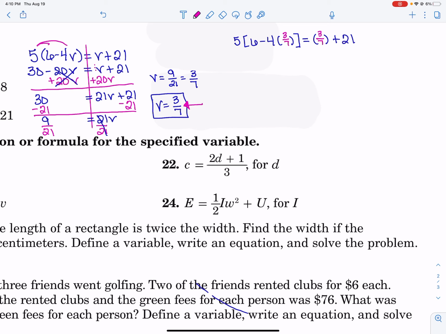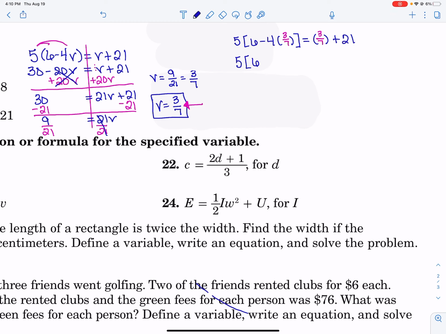All right, so what I'm looking at first is the actual grouping. So the 5 on the outside is still there for right now. Okay, I'm going to leave this 6 because I'm just going to do one step at a time. What I want to see first, our shortcut is, can 4 be divided by 7? Which it cannot.